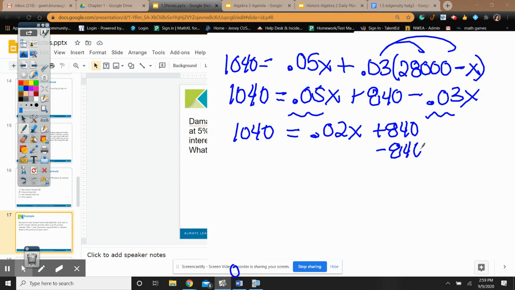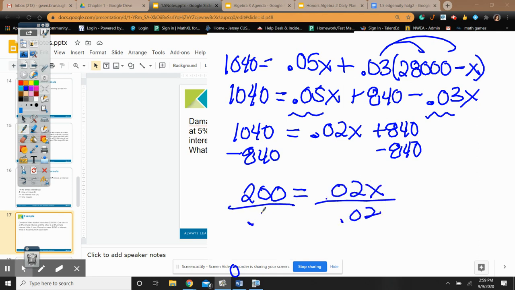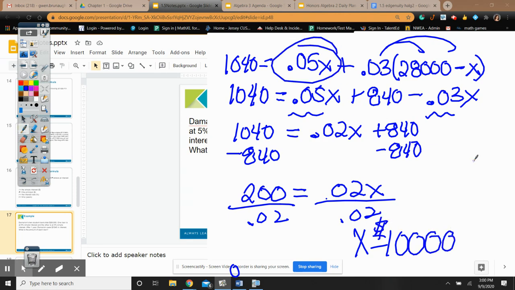Subtract 840. And that gives me 200 is 0.02x, and divide by 0.02. And we get x is 10,000. So that means there's $10,000 in the X account, which is the 5% account. And then you have 28,000 minus X, which is 18,000 in the 3% account.